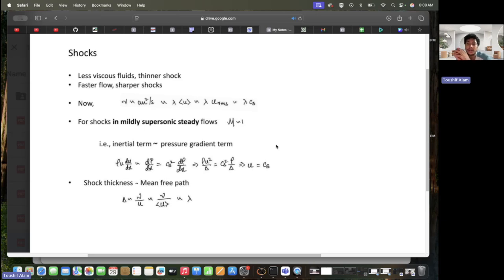Within that distance they don't collide, so they are free to move. So basically the shock thickness is approximately the mean free path. From here, nu by u average is lambda.